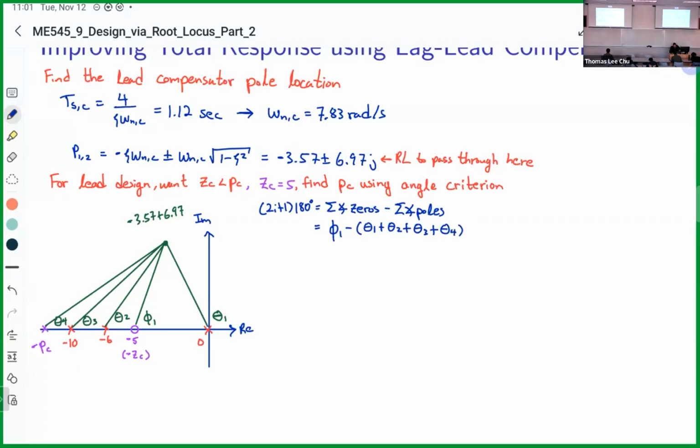So now that we have that, we just gotta find our angles. Let's find the angle to 0. phi1 is equal to arctan of 6.97 divided by -3.57, which is our evaluated location, minus the pole location.